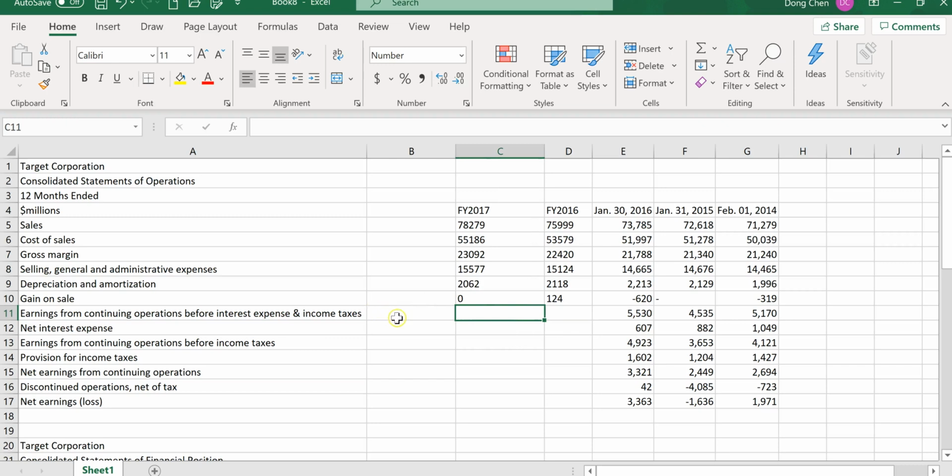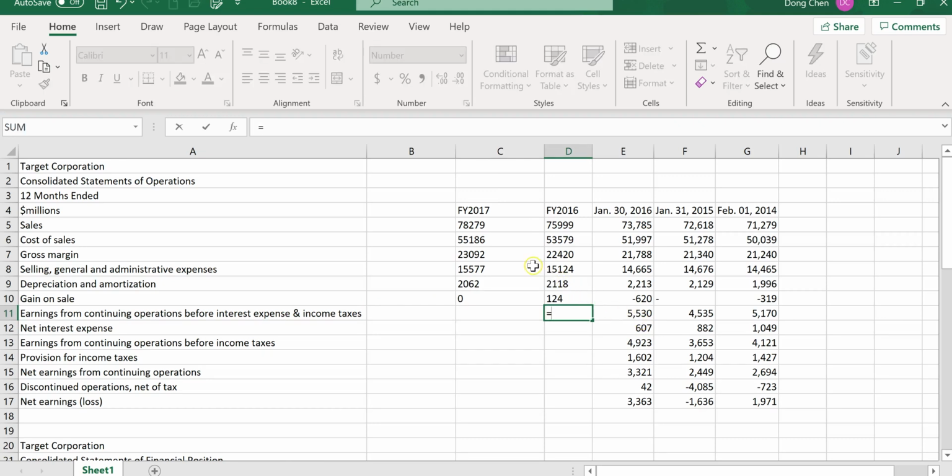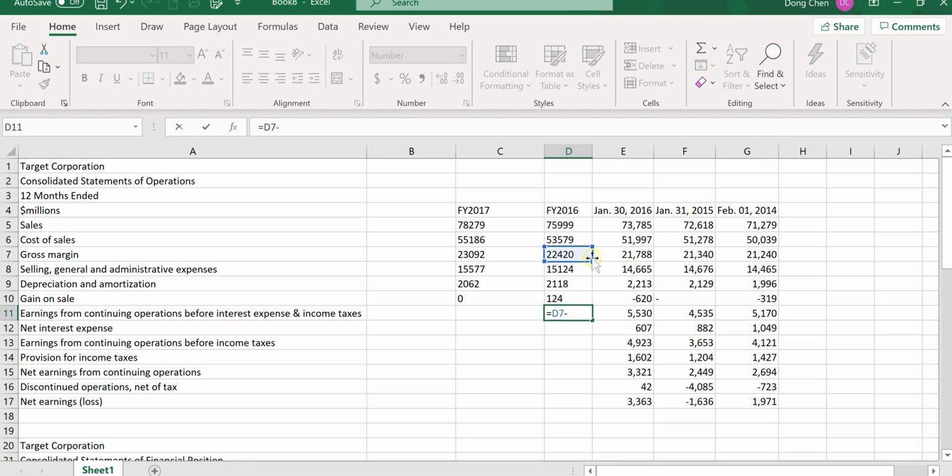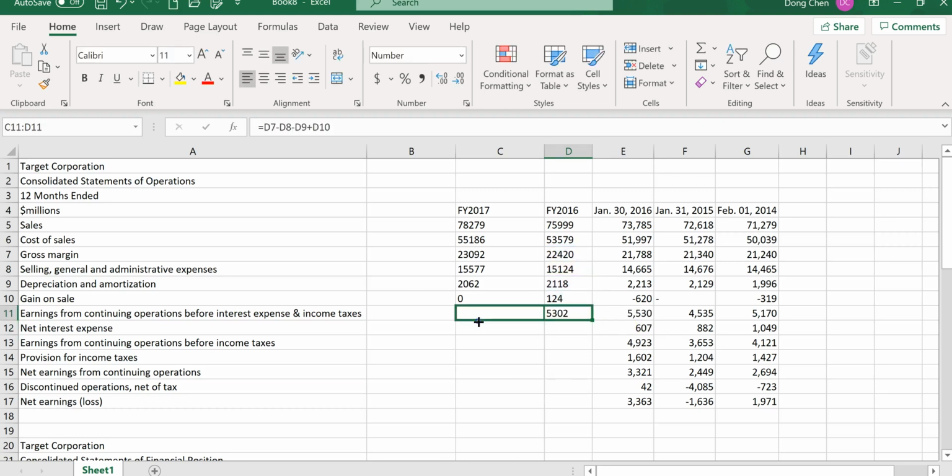Earnings from continuing operations before interest expense and income taxes will simply be the difference between gross margin and SG&A and depreciation and amortization, and then plus gain on sale. And then we do the same for the other year.